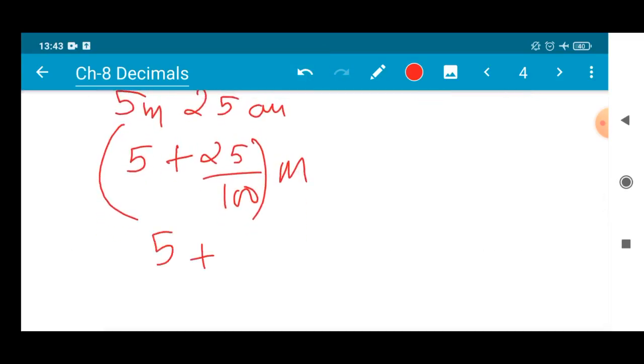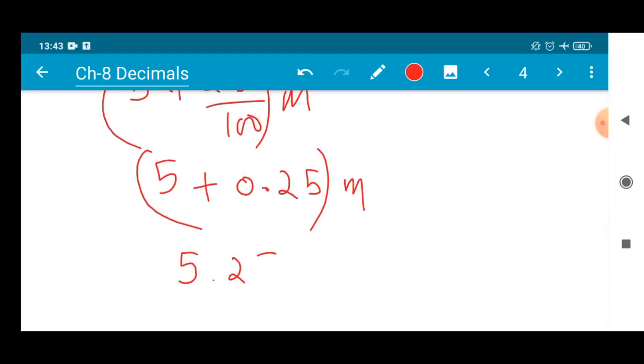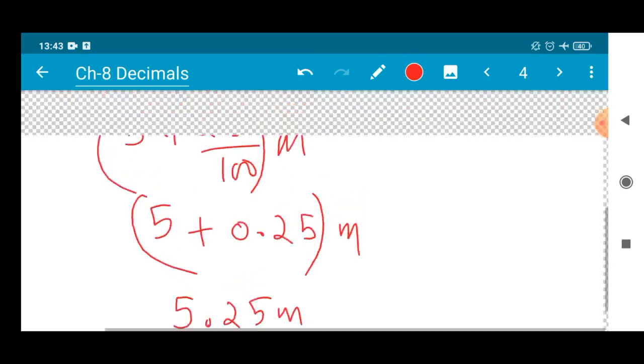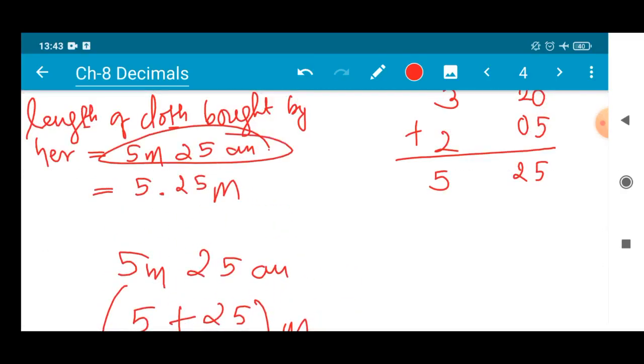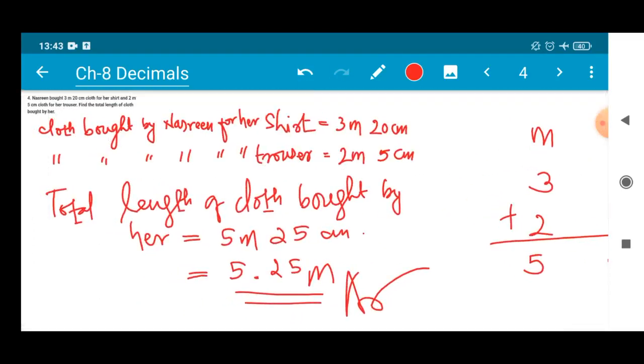So 5 plus 25 by 100 means 0.25 meter. So I can write it as 5.25. So I've shown you how I'm getting 5.25. So simply I can also directly write 5.25 meter here. So the total length of cloth bought by Nasreen is 5.25 meter or 5 meter 25 centimeter.